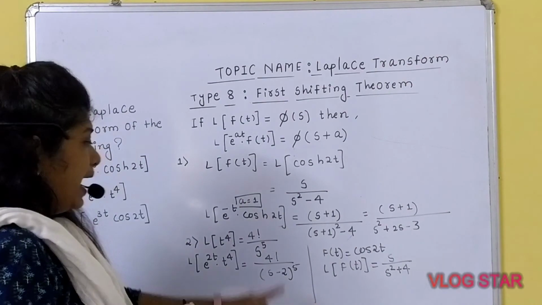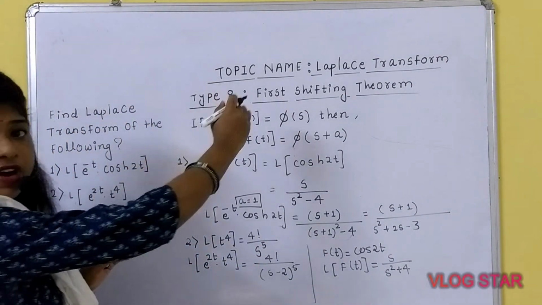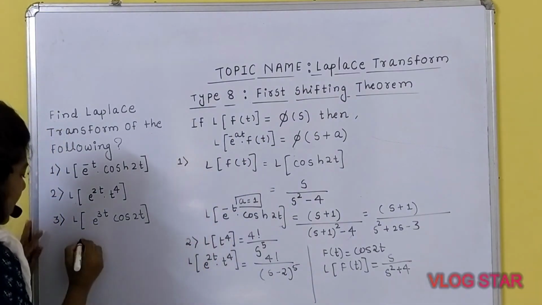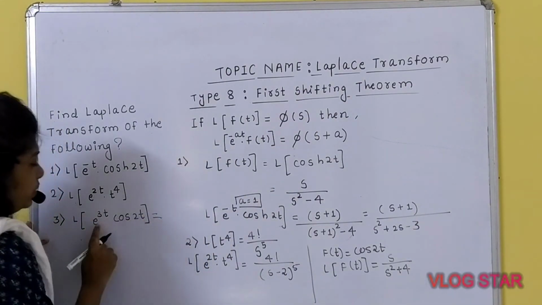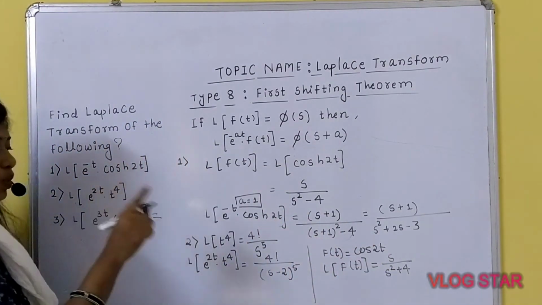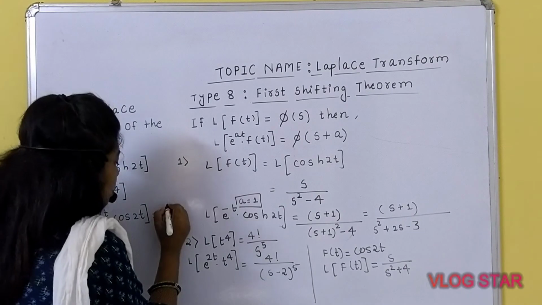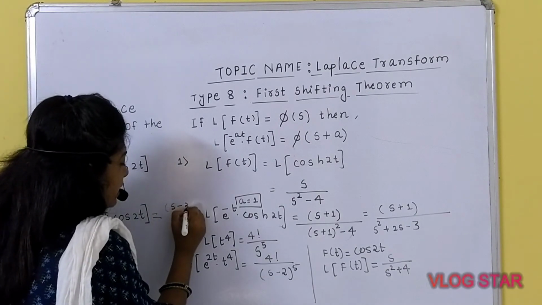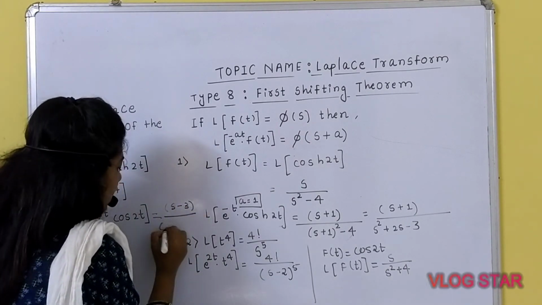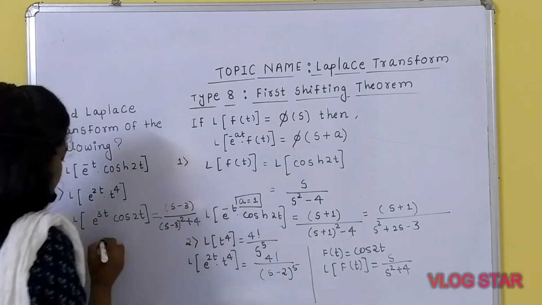Am I right? Then you simply find, by using first shifting theorem, Laplace of e raised to 3t into cos 2t. In this answer, you have to replace s by s minus 3. So what will you get? S minus 3 upon s minus 3 whole square plus 4.